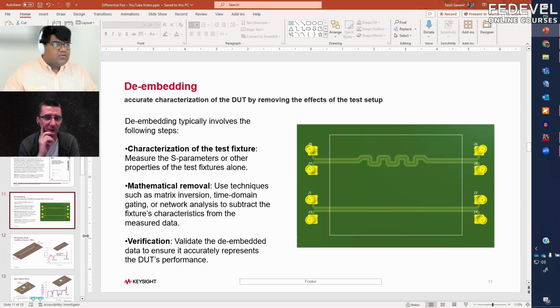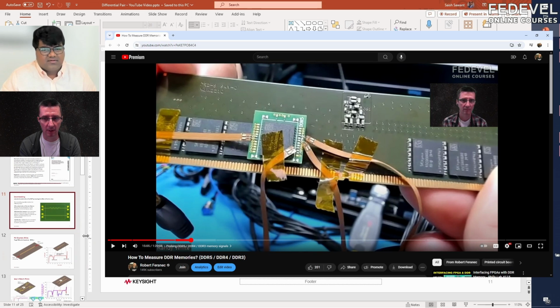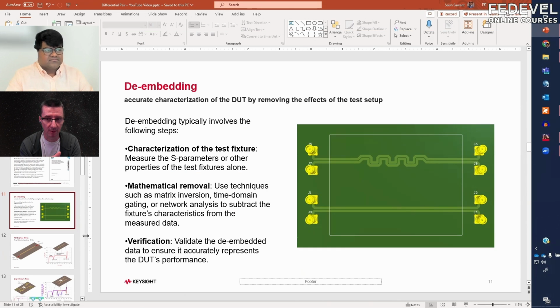I will interrupt you because I have a good example on this. This kind of method is, for example, used when memories are measured. Because when we measure memories, we have to put something called an interposer there. So we can probe the oscilloscope on our DDR signals under the memory chip.